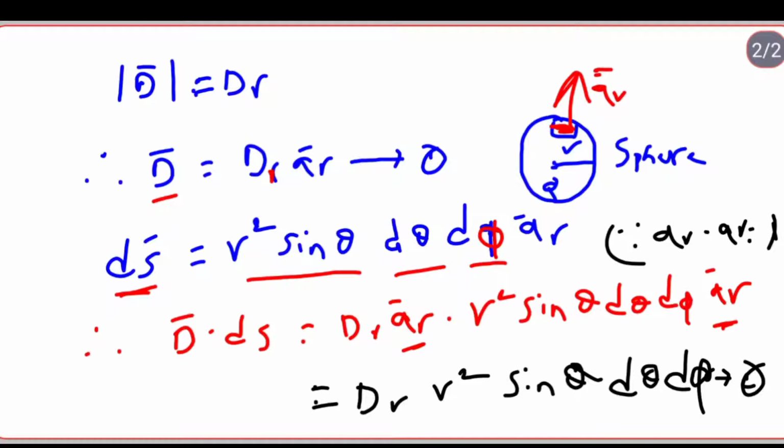Now integration will be carried out over the sphere. The fourth step is to choose the Gaussian surface, a sphere in the spherical coordinate system, and integrate over the surface, keeping D bar unknown as it is. Now integrate over the surface of the sphere of constant radius r.